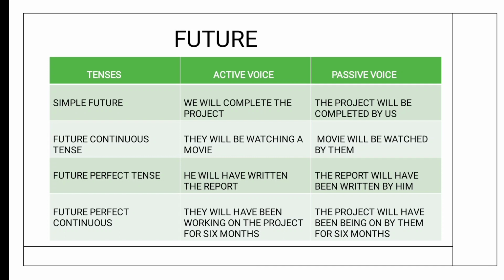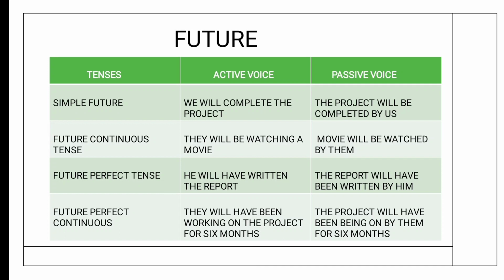Next, future perfect continuous tense. So, they will have been working on the project for 6 months. Okay, they, subject, plus will have been plus V1 plus ing plus object. Sometimes in the sentence we'll get extra objects also, like the object plus the remaining sentence.